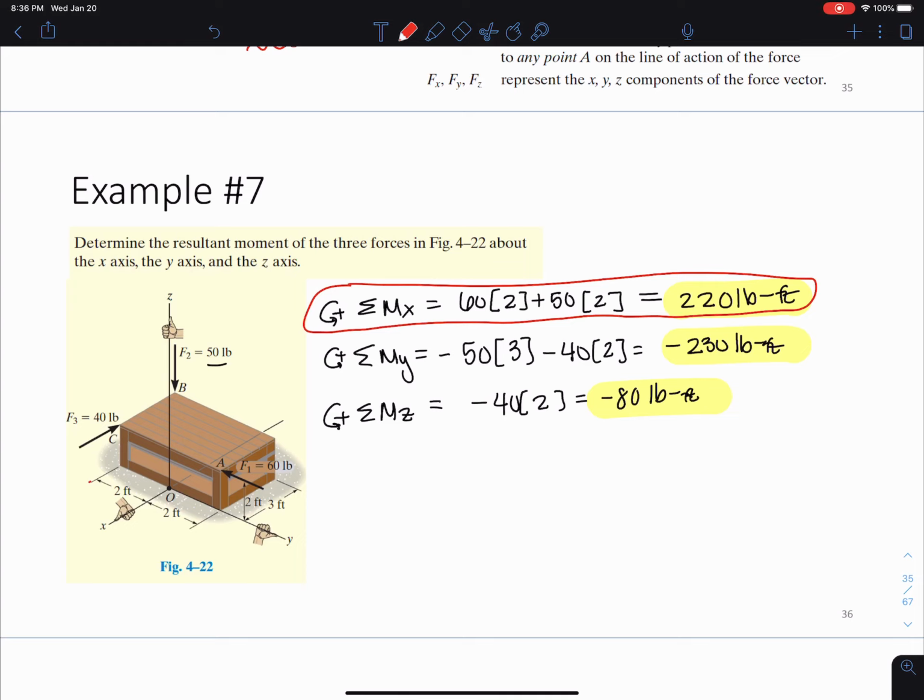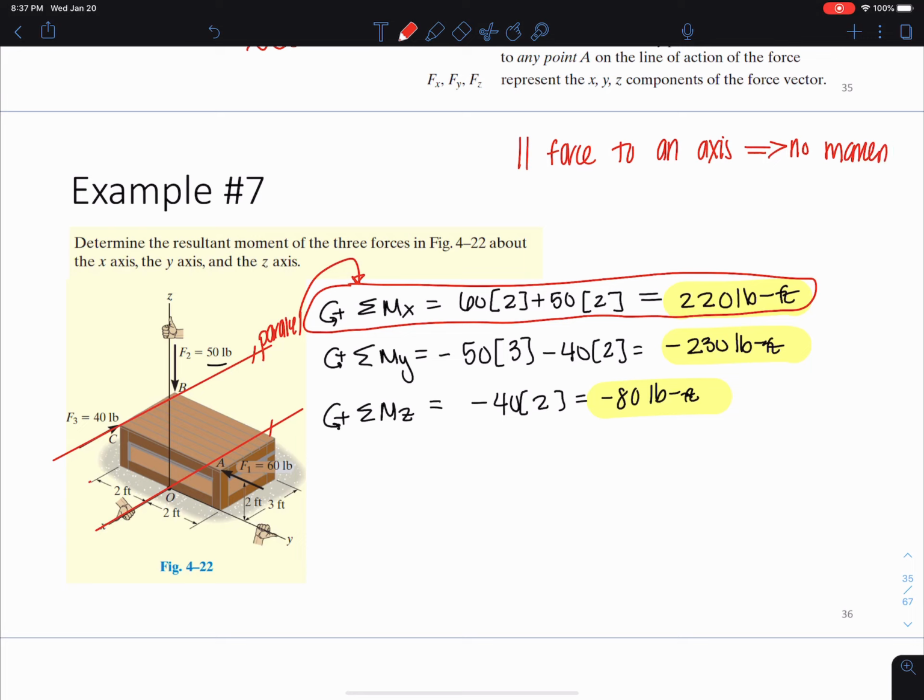The 40-pound force, why did it not contribute to the X direction? Because any force that's parallel to an axis does not contribute to rotation about that axis. Do you see how this is parallel? Therefore, the 40 is not included. So a parallel force to an axis gives no moment.